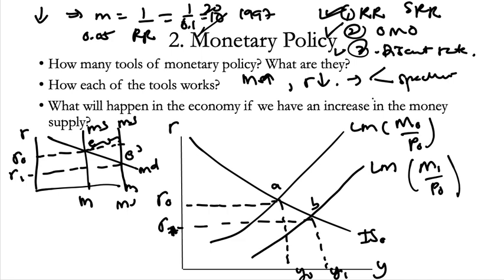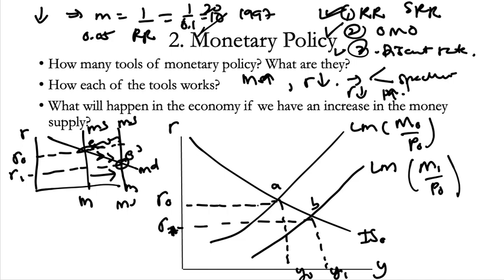The household will find that holding bond is no longer attractive because the earning of bond, which is interest rate, falls down. When earning of bond falls down, the price of bond increases, isn't it? So they would rather demand more money rather than bond because the interest earning is falling down. So you can see movement along the money demand, and you reach the new equilibrium. That's why you have new LM at M1 over P0 because of this movement. So LM shifts to the right.